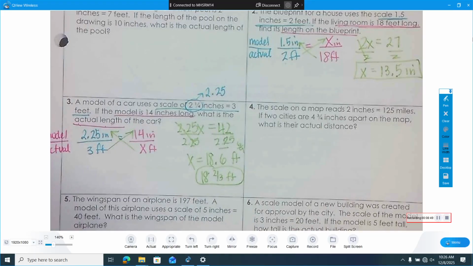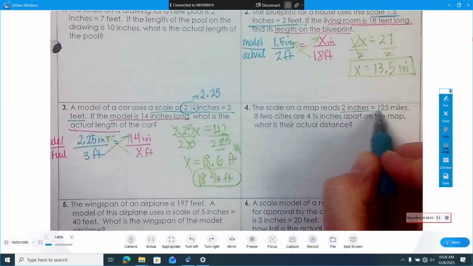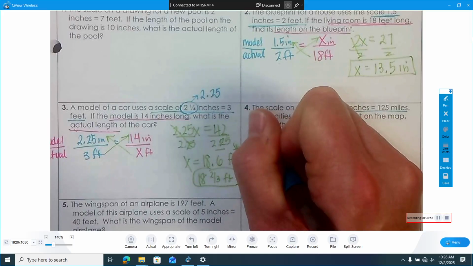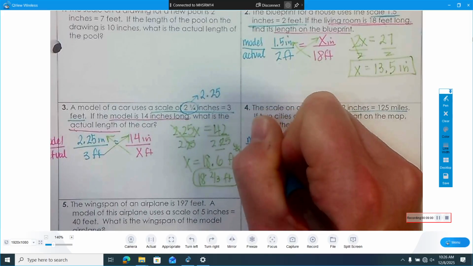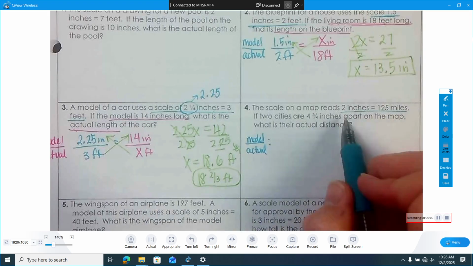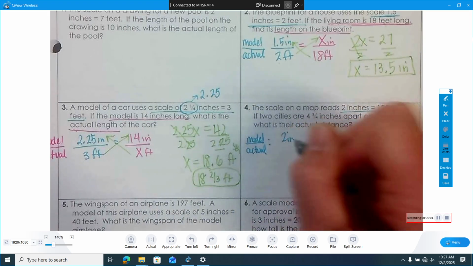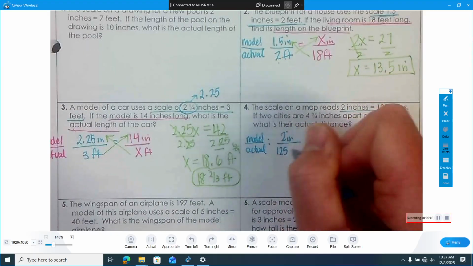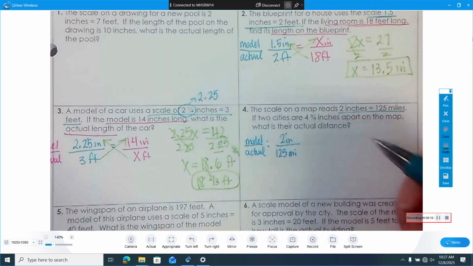All right, number 4. The scale on a map reads 2 inches equals 125 miles. So we have the model over the actual. And let's see, it says the model is 2 inches, and the actual is 125 miles.